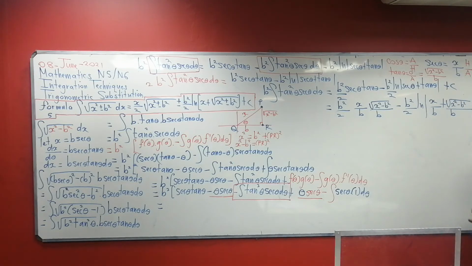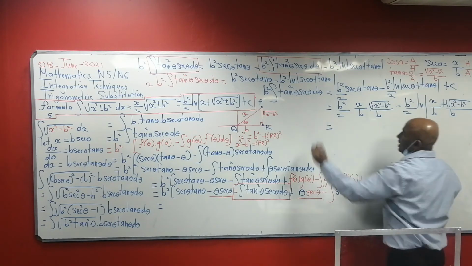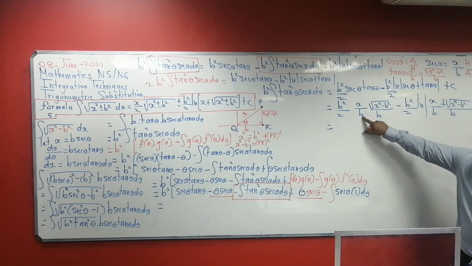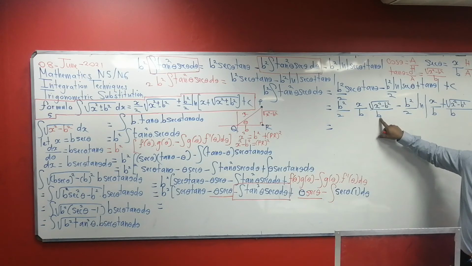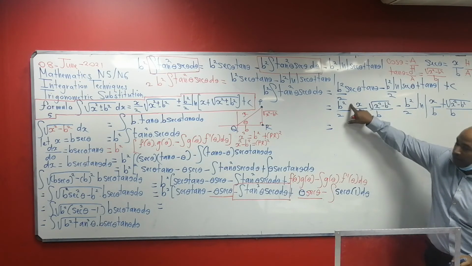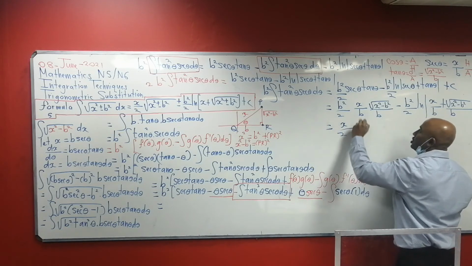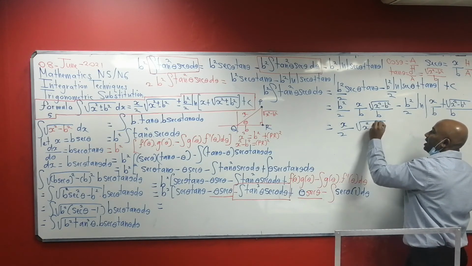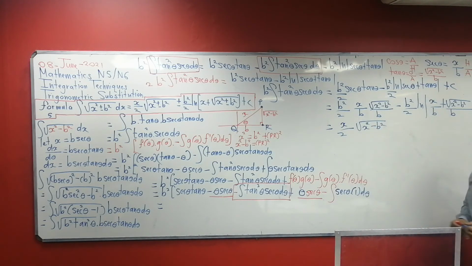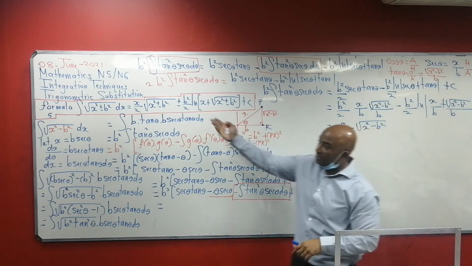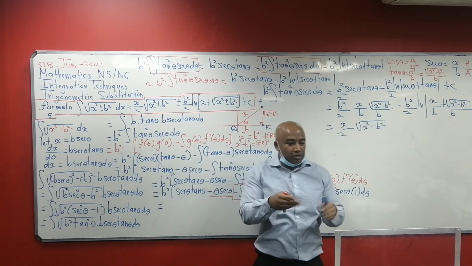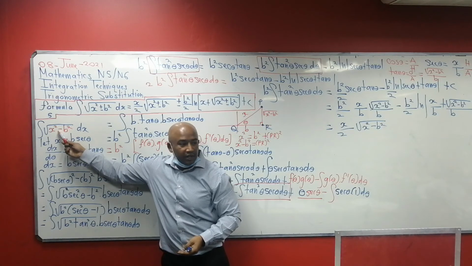Right, now let's see how we're comparing it here. It almost just needs more simplification. Watch how it's going to be simplified. Here, b times b is b squared, so b squared in the bottom, b squared in the top, cancel this out. So I got x over 2 times the square root of x squared minus b squared. I hope you understand that there are two formulas here, and I just chose to show you the one with the negative.